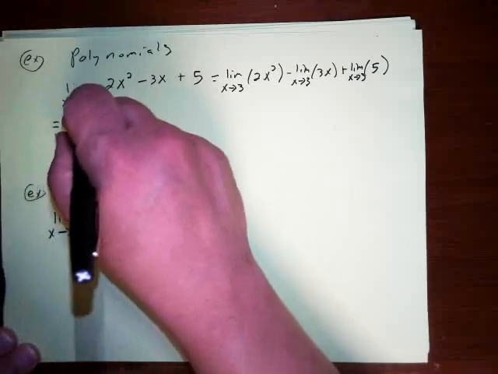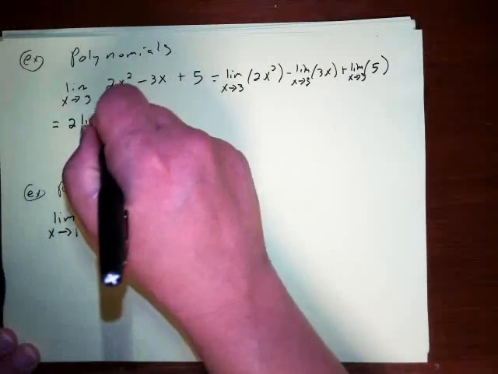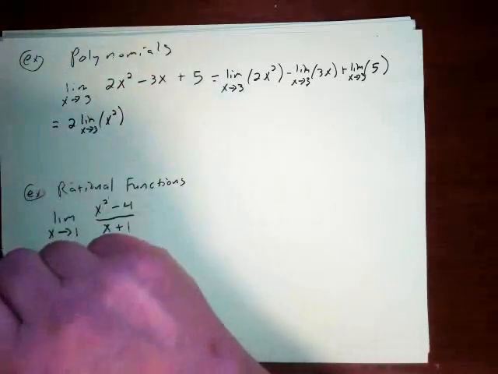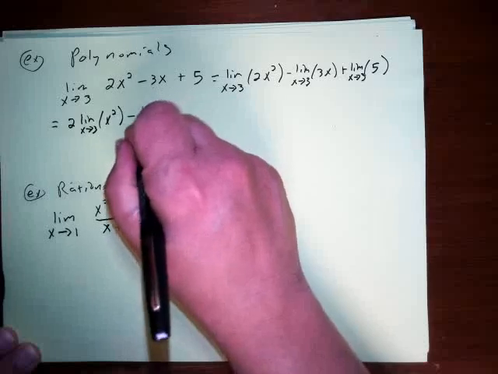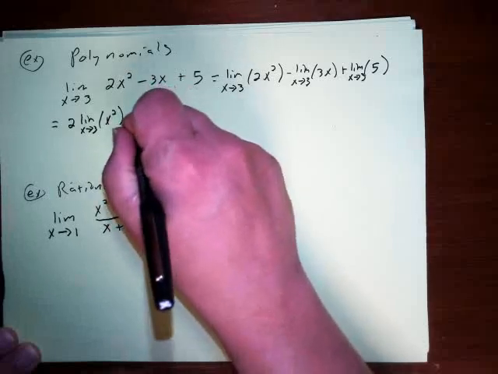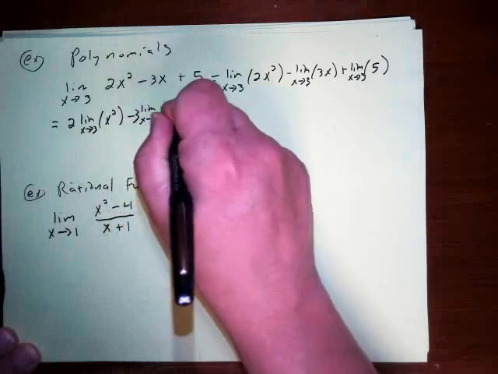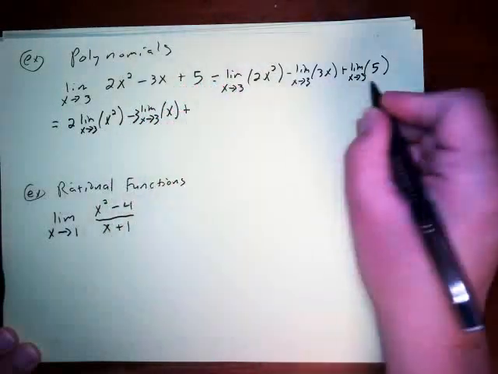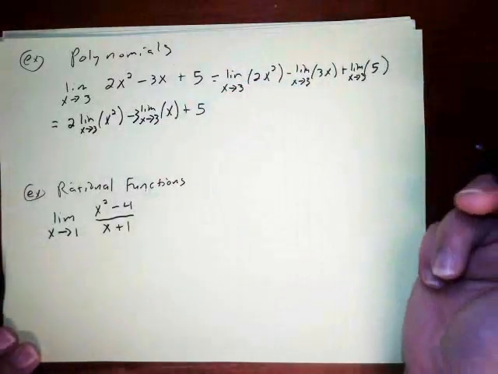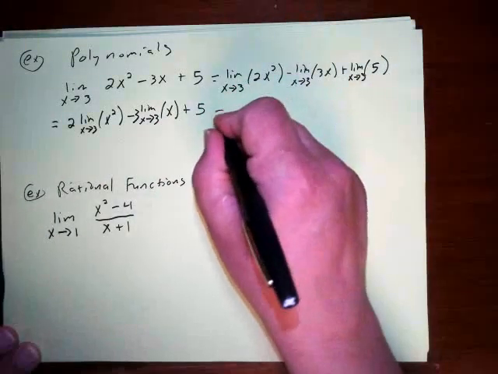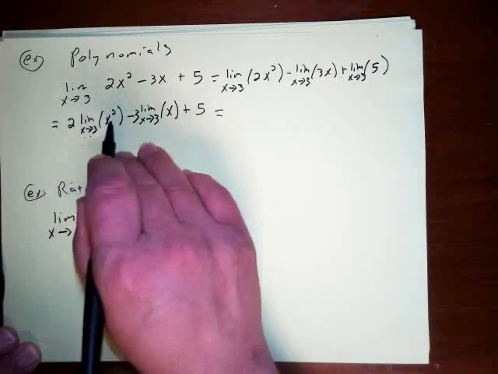2 times the limit as x approaches 3 of x squared, minus 3 times the limit as x approaches 3 of x, plus, now the limit of a constant is just equal to the constant, so I can write 5 there. And now I can use the power rule.